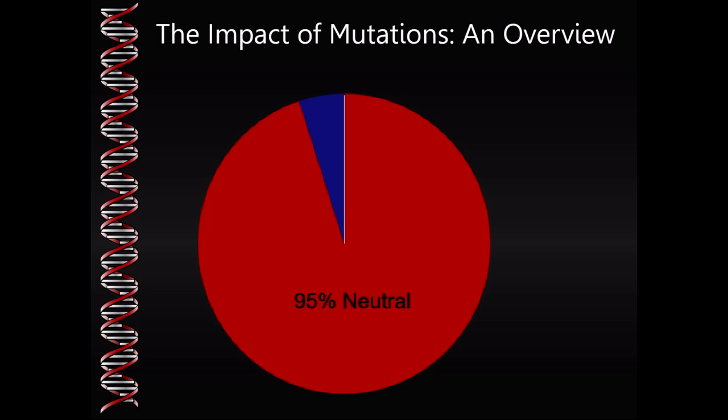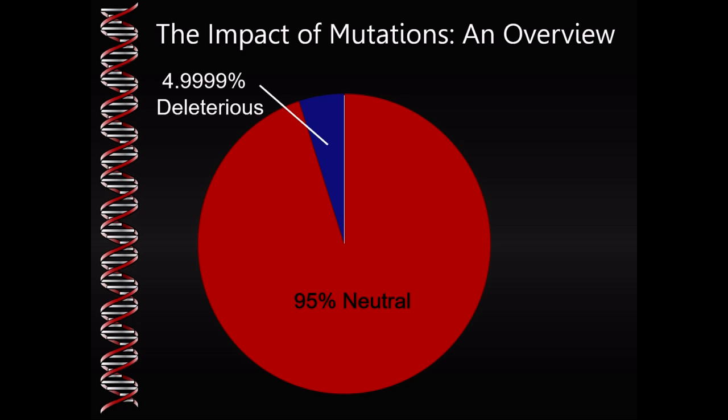Of the remaining mutations, the vast majority of those remaining mutations are negative, or the technical term is deleterious, meaning that they have a negative impact on the fitness, the surviving, or the ability to reproduce of the organism that carries them.